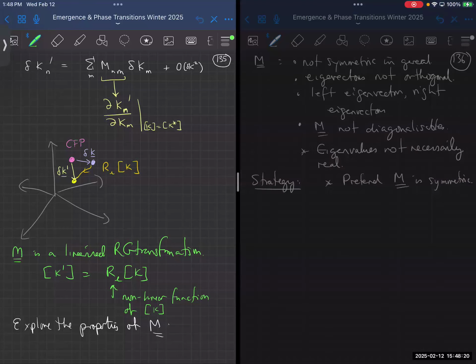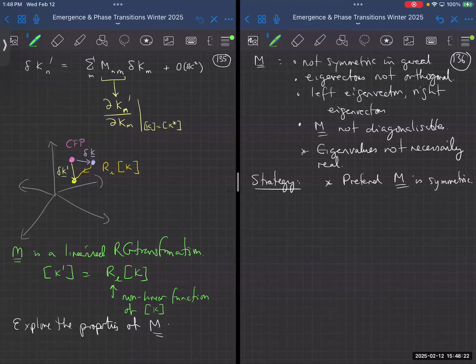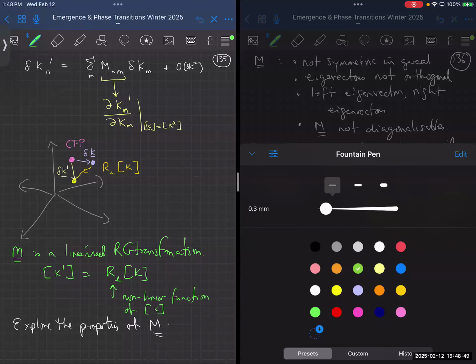And the reason we can get away with that, even though it's not true, is that the extension to non-symmetric is easy once you've got the basic idea. Okay, so we're going to see that. Okay, so that's the strategy.